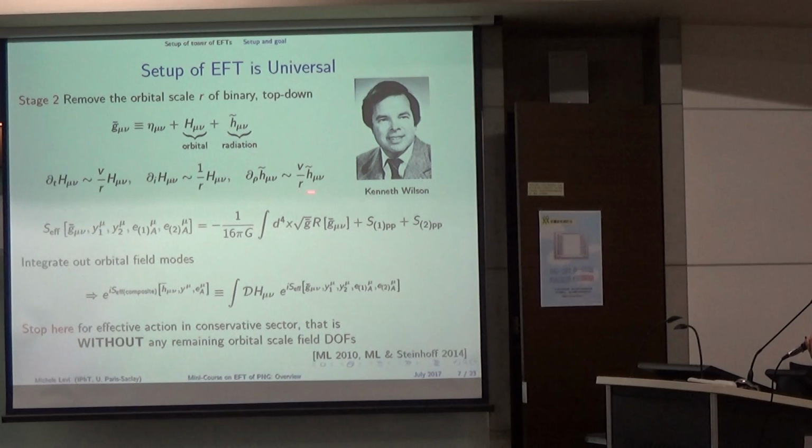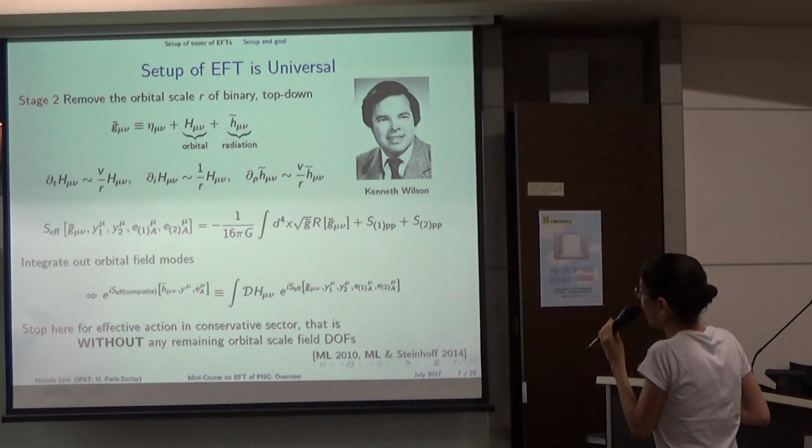Therefore their frequency and momentum are the same. They go like v over R, fixed by the typical rotational velocity of the binary. So we recognize clearly that we have here hard modes and soft modes, hard momentum and softer momentum.